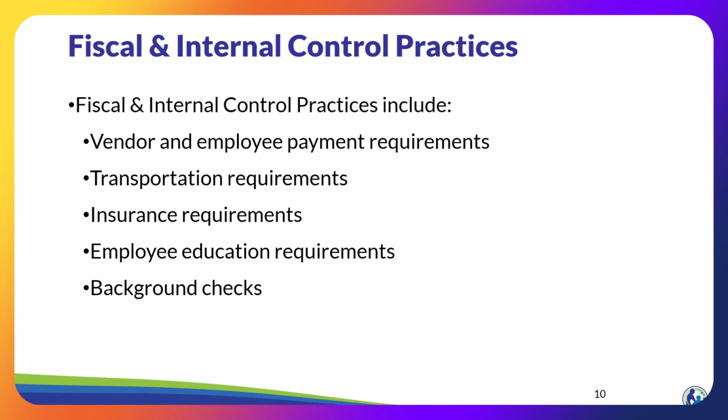The fiscal and internal control practices includes verifying that the school is paying vendors and employees on time, complying with applicable transportation and insurance requirements, and meeting employee education and background check requirements. The bulletins you had to review for this training discussed the fiscal and internal control practices requirements. These bulletins are also available on the department's bulletins webpage.